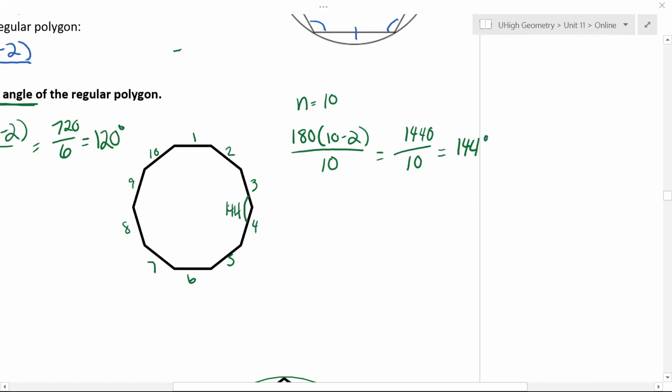We want to keep this in mind as we go through this unit, because we are going to want to be able to find the measure of each angle of a regular polygon as we're solving for the area.